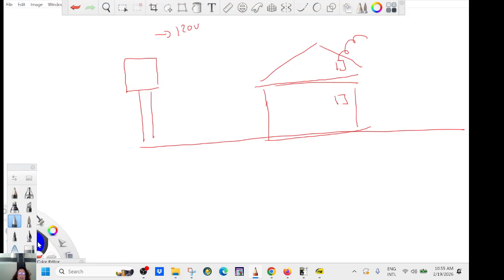And inside here, let's say you have a dryer or washing machine. Okay, so from here you have hot wire. This one is hot. And let's say you just have a return path.